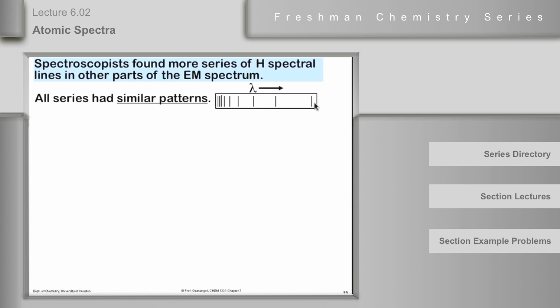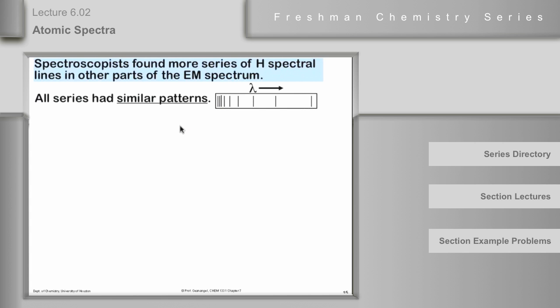The lines in the hydrogen spectrum, for example, on the long wavelength side were widely spaced, and as you went to lower wavelength, the spacing gets smaller and smaller and smaller until finally it reaches a limit down here. That's called a series. And there's a mathematical description of the spacing within these lines.